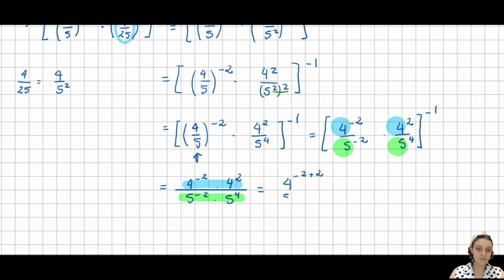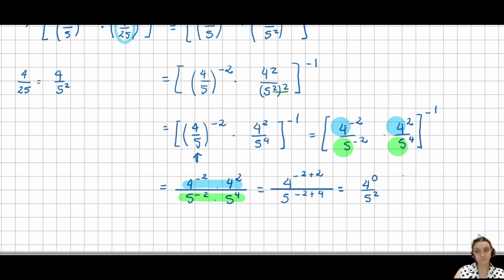And right here, same situation, same drill. So we have 4 to the power of -2 plus 2 equals 0. And then we have 5 to the power of 2. So remember, guys, 4 to the power of 0, or anything to the power of 0, is 1. And then we get 5 to the power of 2.